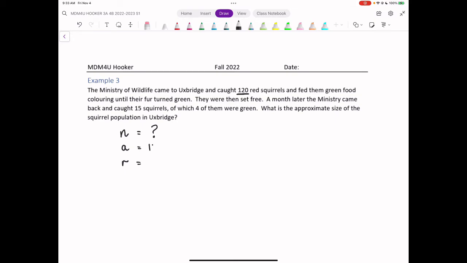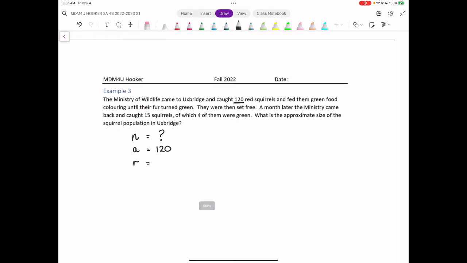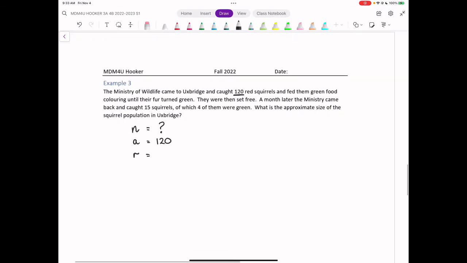So we know there's a population of 120 red squirrels that turned green in the environment, right? And when they actually caught them, 4 of them were green. But what did they catch? They caught 15 squirrels, okay? And we can say that our expected number of green squirrels when you catch 15 squirrels was 4. That's what's given to us right here.